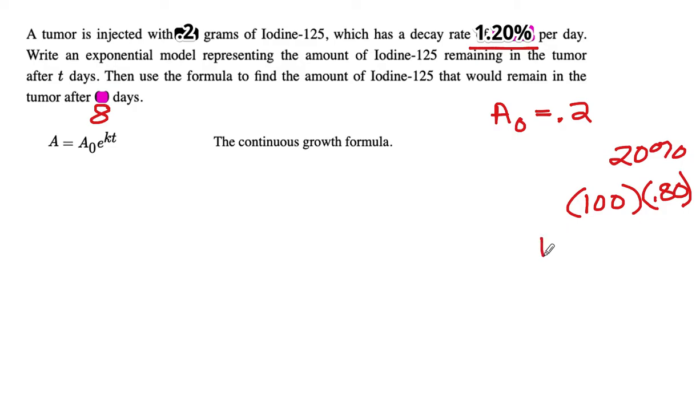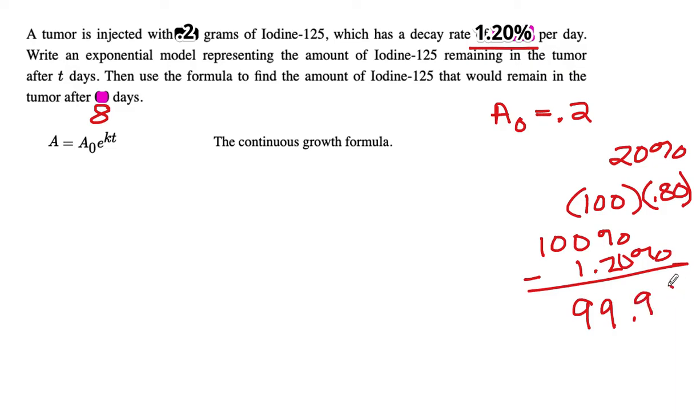So here, what we do is we say, okay, let's just say 100% minus 1.20%. I'm just going to stick that in my calculator and say 100 minus 1.20. And then I come up with 98.8%.